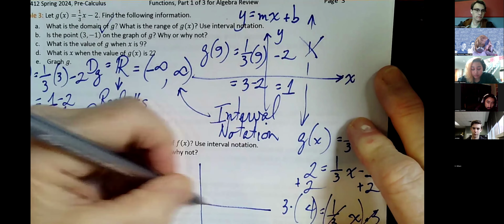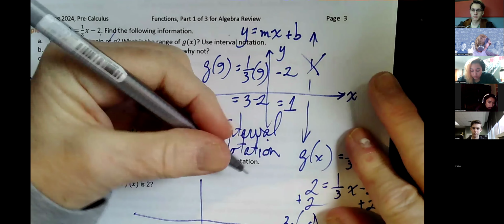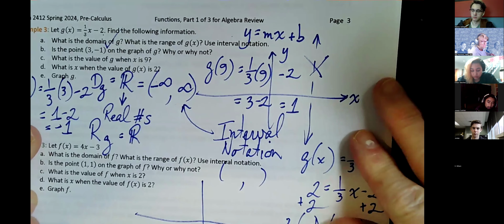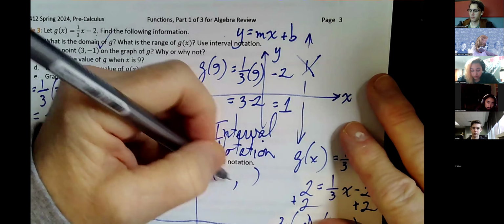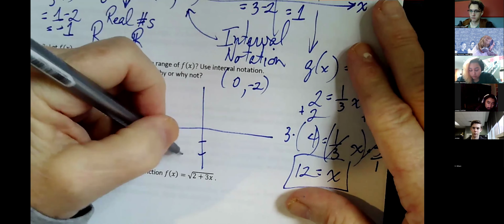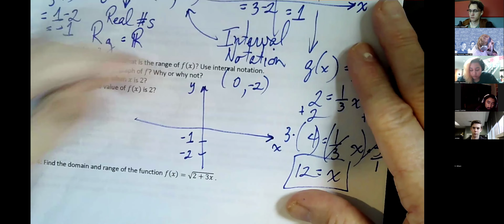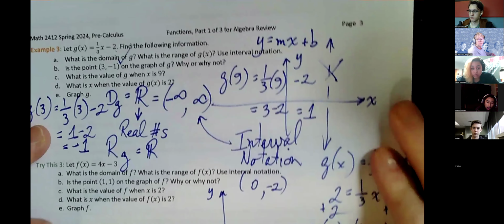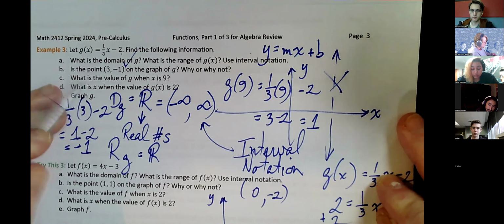And to graph the function, we'll just remember that we know what the y-intercept is. What is the y-intercept? 0, -2. Good. And what is the slope? 1/3.